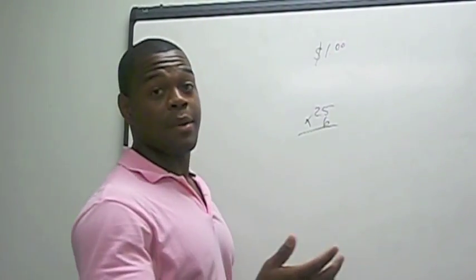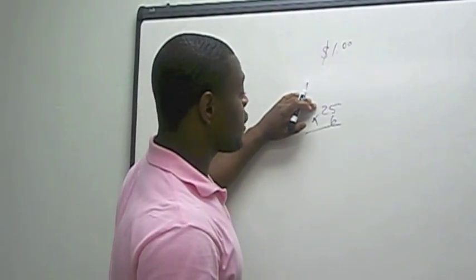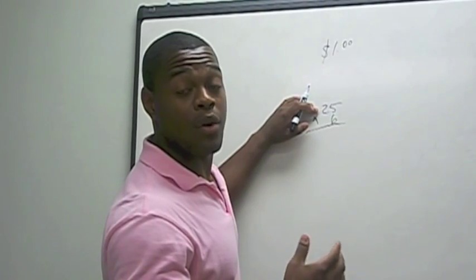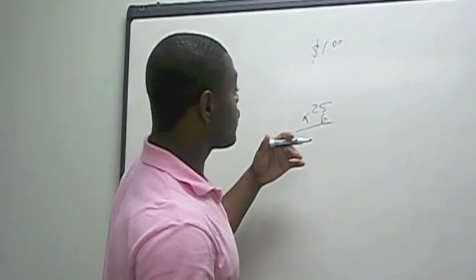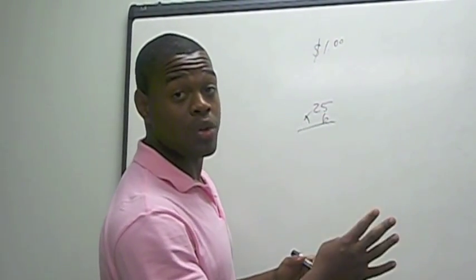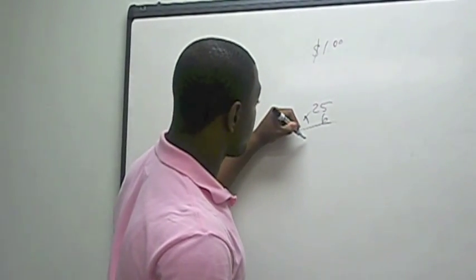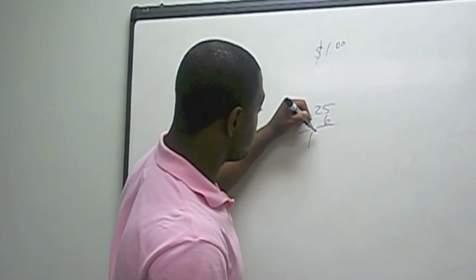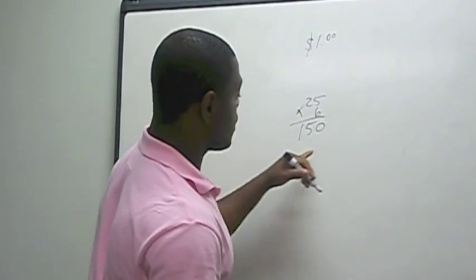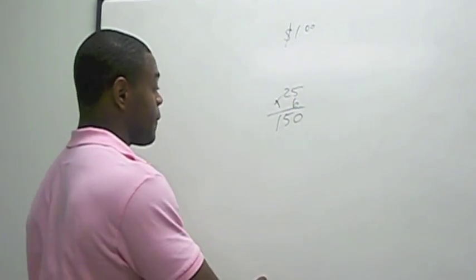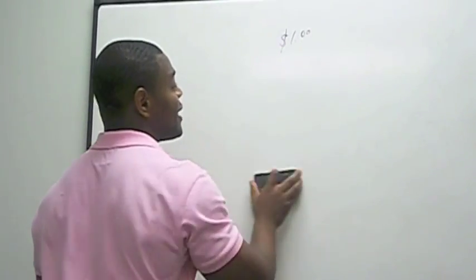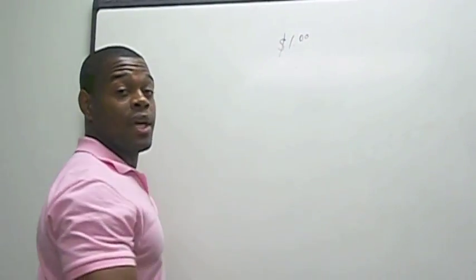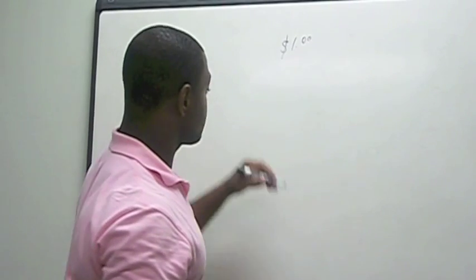If you're doing 25 times 6, you can immediately think about 25 is also the amount of a quarter. So if you think of 25, there's 4 quarters in a dollar. So 4 quarters in a dollar makes $1. 2 quarters left over is 50 cents. So that's $1.50 or 150.